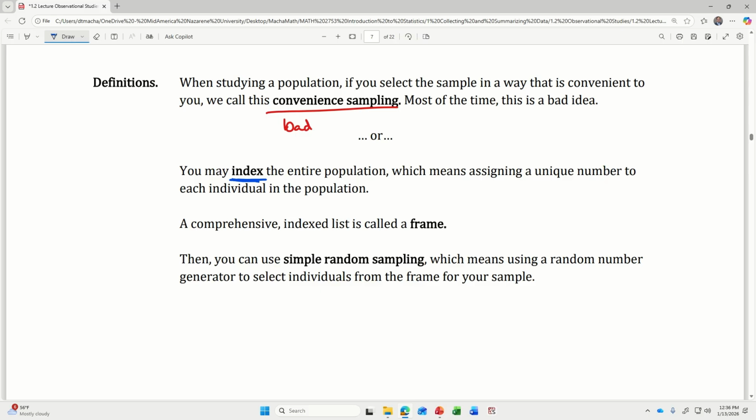That's an indexed population. At MNU, we have indexed our population because you all have a student ID number, right? So you're an indexed population with your student ID. When you have an index list of every individual in the population, that's called a frame. And if you have a frame, you can use simple random sampling.